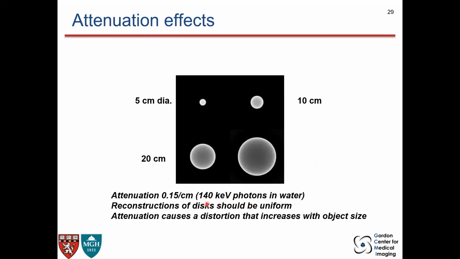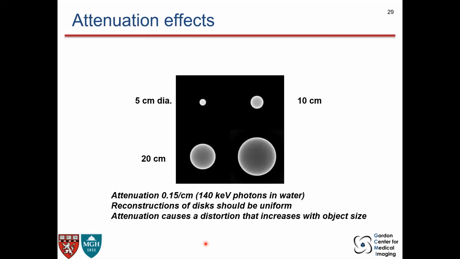And obviously, when you have higher gamma ray energy, then this number has to be changed accordingly. If you correct for the attenuation effects, then the reconstruction of the disc should be very uniform.